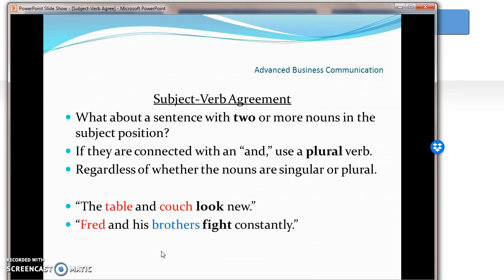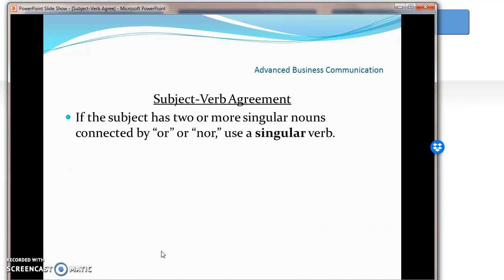So, the table and couch look new. Fred and his brothers fight constantly. You'll see that Fred, singular, and brothers, plural, gets a plural verb. It doesn't matter what composition of singular and plural the subject is.